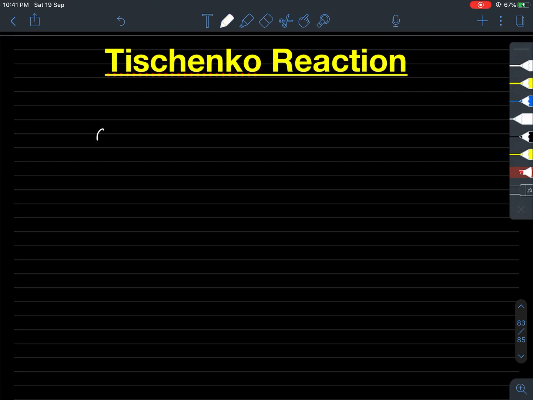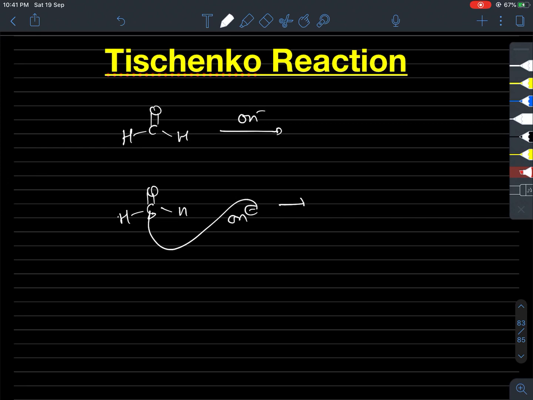See, you have already seen in the Cannizzaro reaction how in the presence of OH minus, two molecules of this react with each other and how the overall reaction used to be.